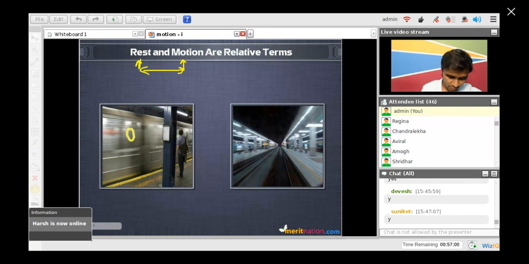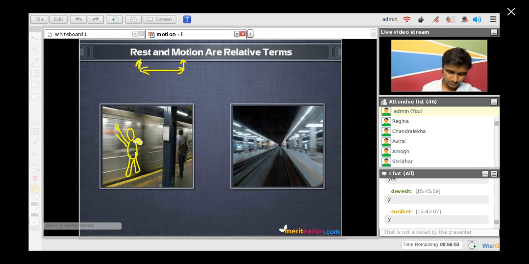Let's take this example. There is a man outside the train. Let's say this is A, this is B. According to man A, the train is at rest and man B is moving.